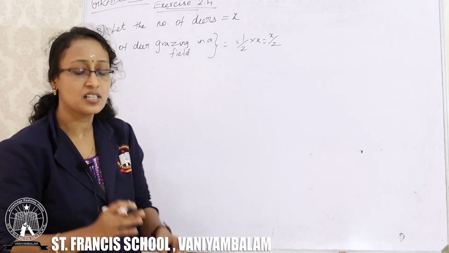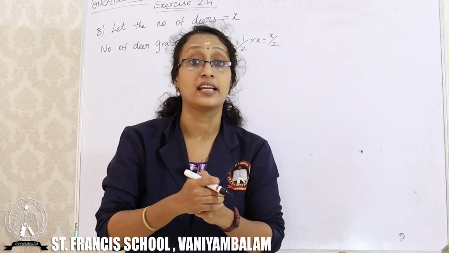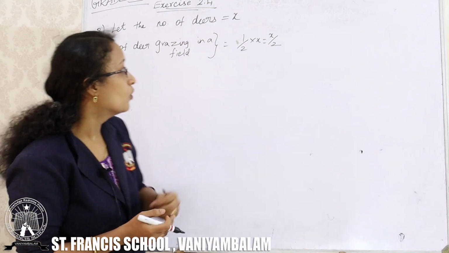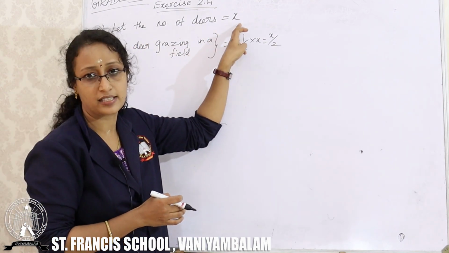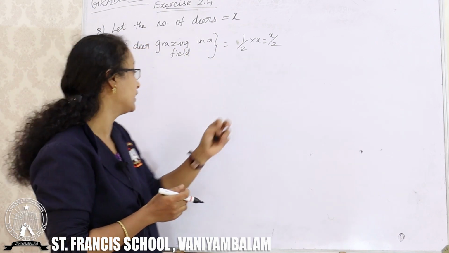So grazing in the field is x by 2 and 3/4 of the remaining are playing nearby. What is the remaining? Remaining means the total number of deer is x and half of the deer grazing in the field is x by 2.